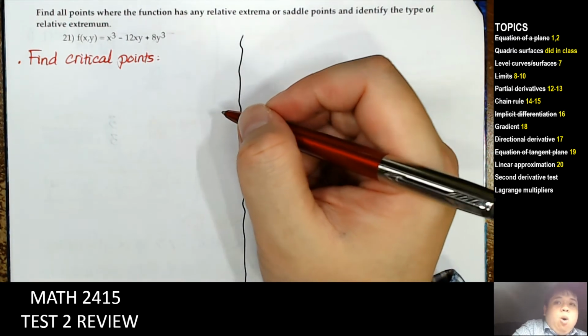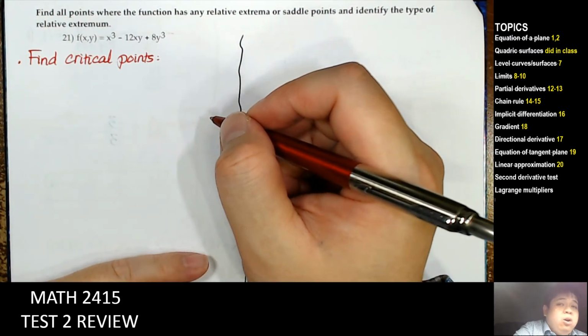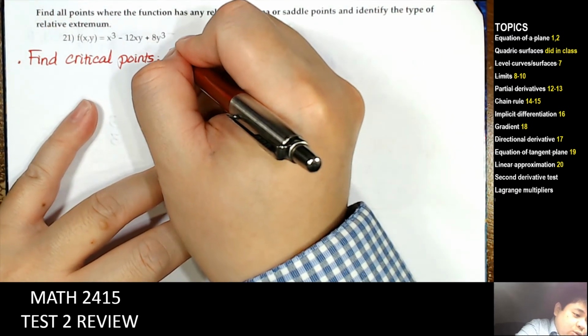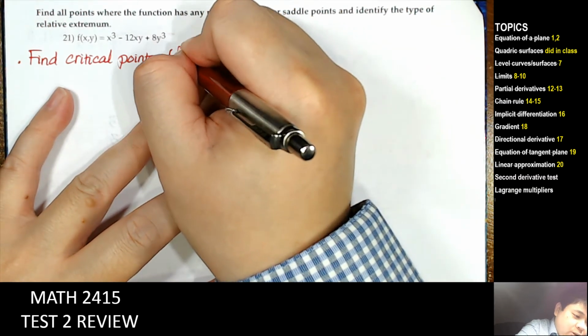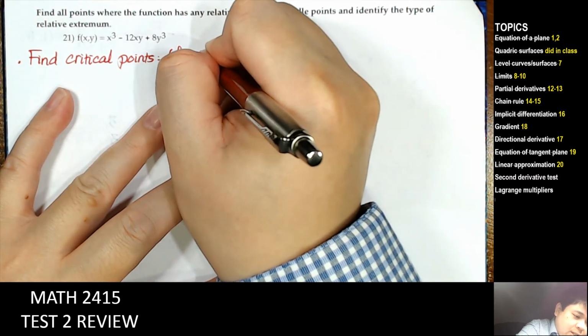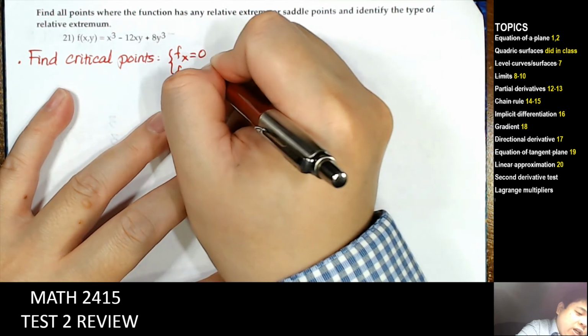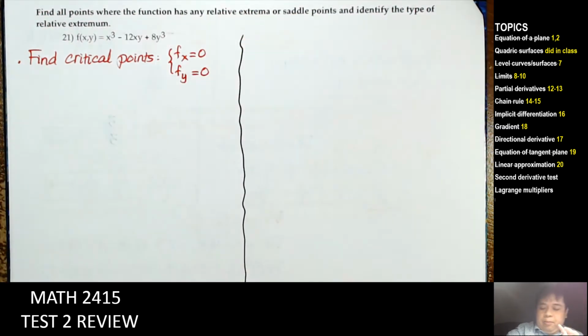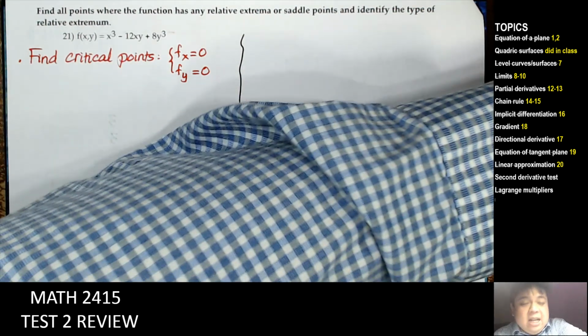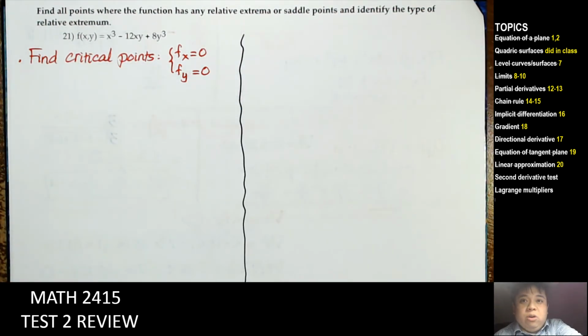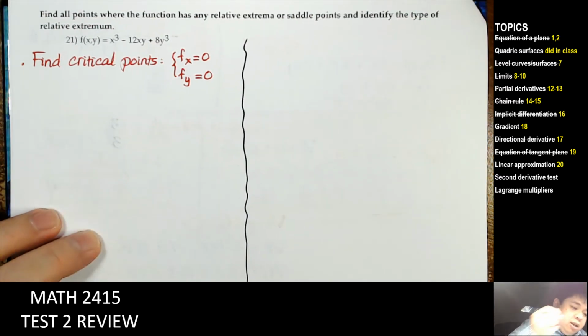Critical points meaning all the partial derivatives equal to 0 or do not exist. We just focus on the case equal to 0. The derivative with respect to x is equal to 0 or does not exist. The derivative with respect to y equal to 0 or does not exist. The function is a polynomial, so it is defined everywhere. So we don't have to worry about the case where they do not exist.